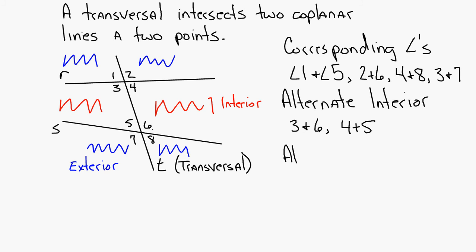Alternate exterior. Same definition, except these angles sit in the exterior. So one's like 1 and 8. Yes, 1 and 8, exactly. And what's the other pair? 2 and 7, good.